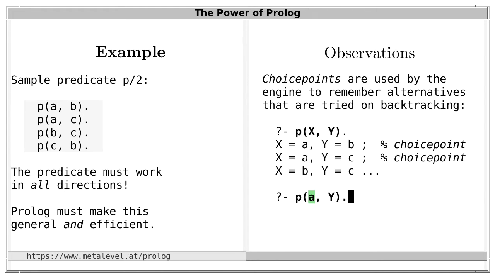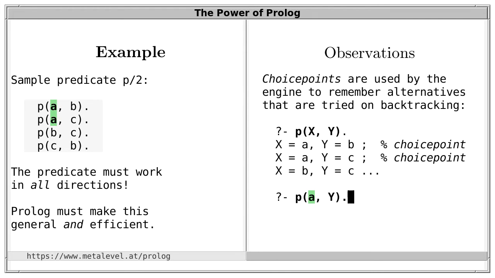Obviously, now only those clauses must be considered where the first argument in the clause head is unifiable with the atom a. And in our sample facts, there are exactly two clause heads where the first argument unifies with the atom a, namely the first two.